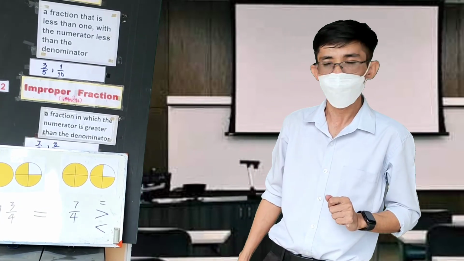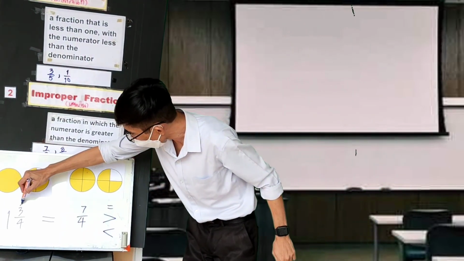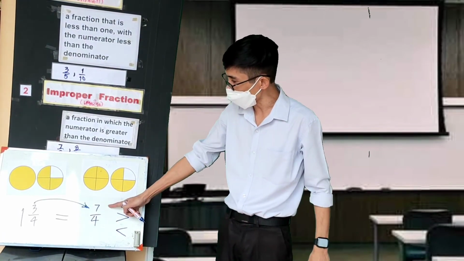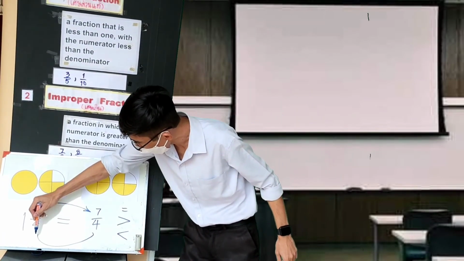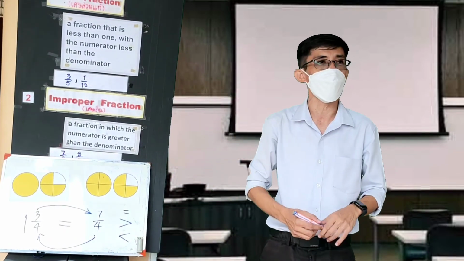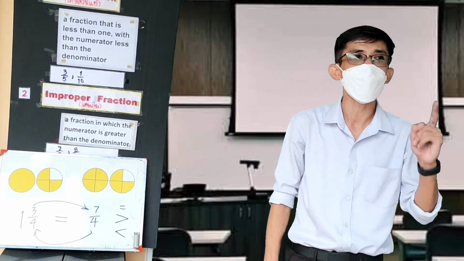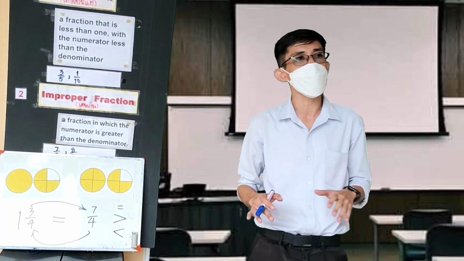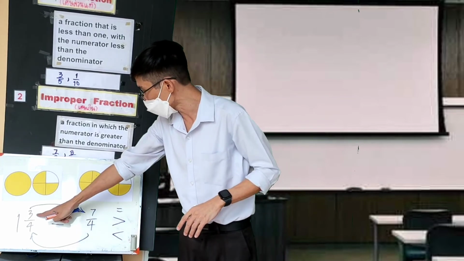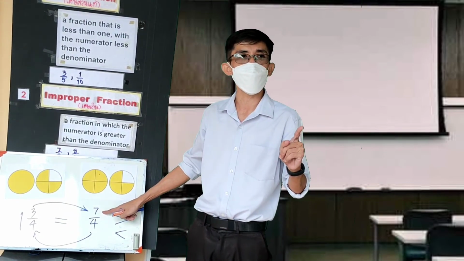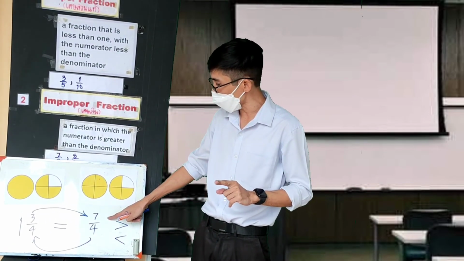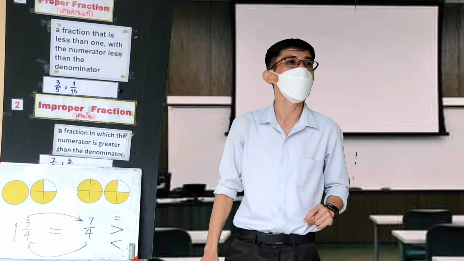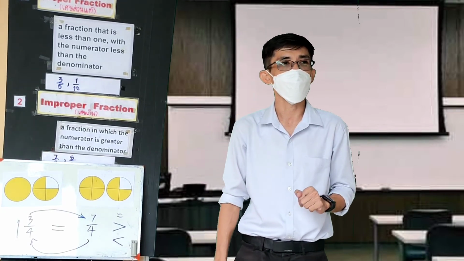If they are equal, we can write a mixed number as an improper fraction, and as well as we can write an improper fraction as a mixed number. And that is the lesson that we need to discuss today. We are going to discuss converting a mixed number to an improper fraction and the vice versa of that, which is converting an improper fraction to a mixed number.